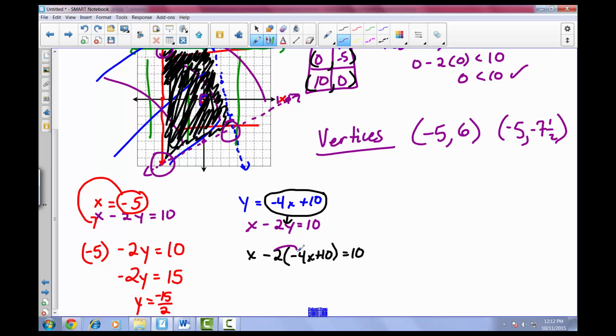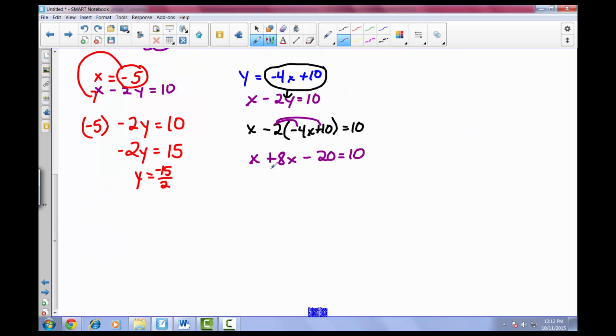Distributing that -2, we end up with x plus 8x, and -2 times positive 10 is -20, equal to 10. Combining like terms and adding 20, we end up with 9x is equal to 30. Then dividing both sides by 9, we end up with x is equal to 30 over 9.